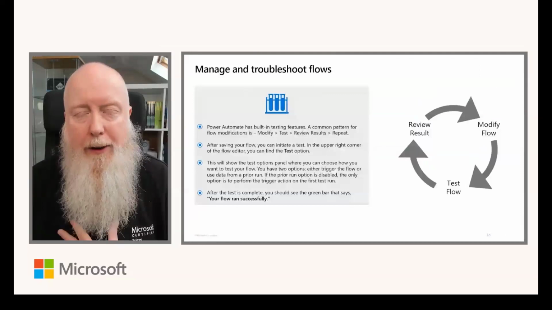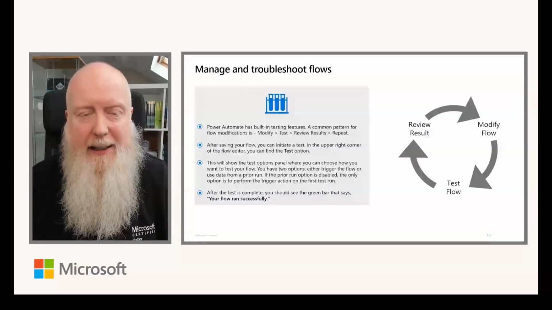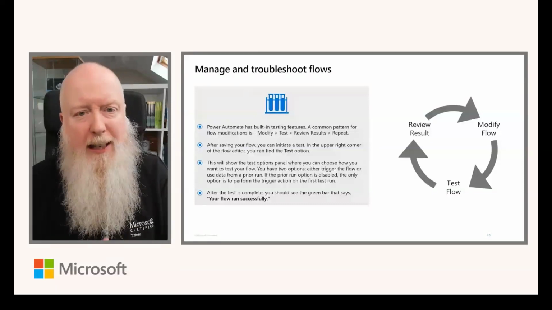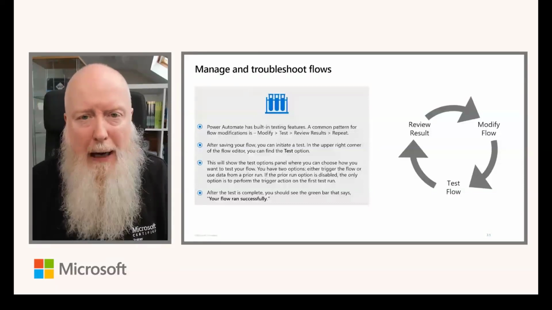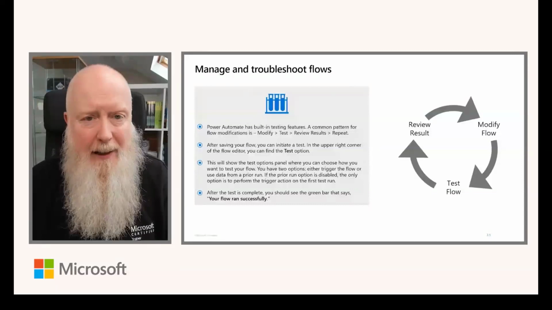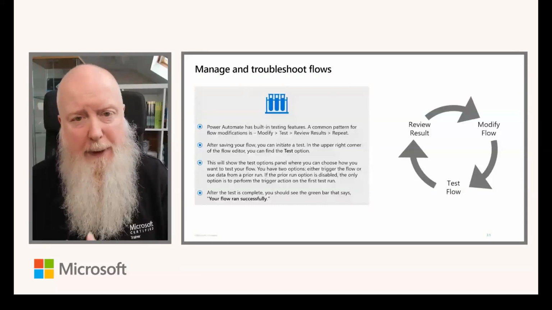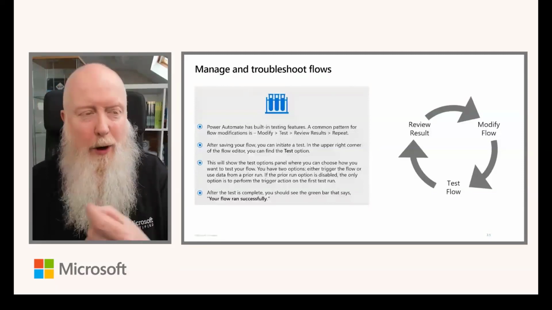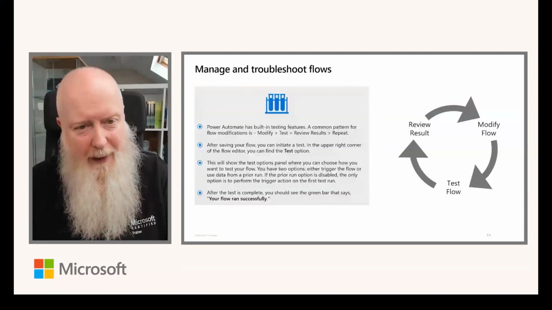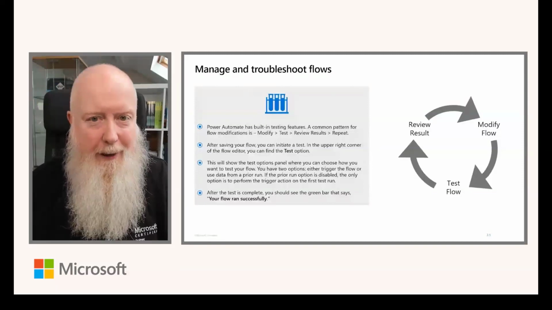One of the things I really like about Power Automate is the ability to build it interactively. I can start building the flow and then run a test as I build. I can test it, see the results, and actually see the results of each step, inspect the data, and go, oh, that's why, or that's the field, not that other field.